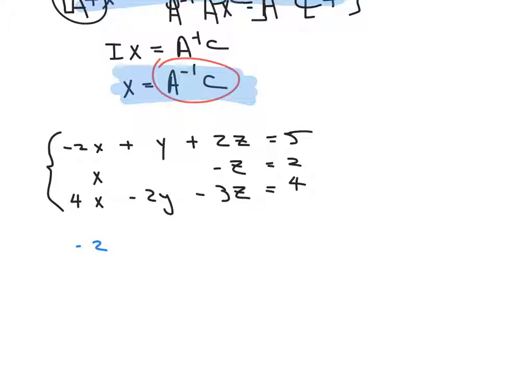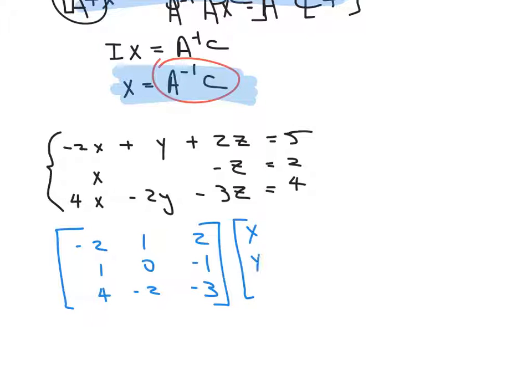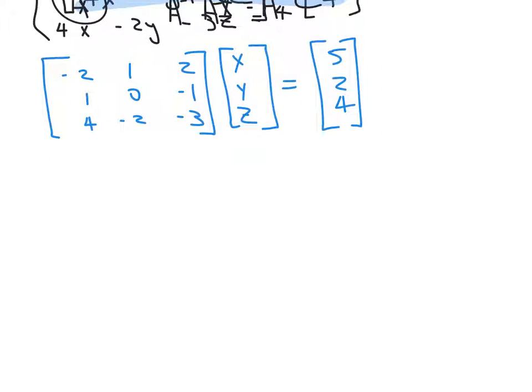So we get negative 2, 1, 4, 1, 0, negative 2, 2, negative 1, negative 3. Get the second one with X, Y, Z, and that equals our third one. Okay, so pretty simple there. I wish it was all that nice and easy.